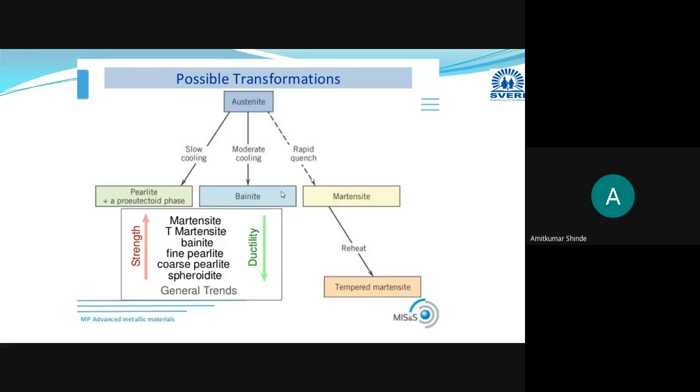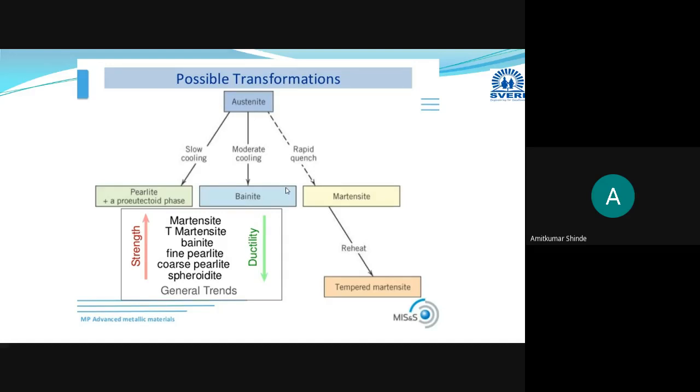In this way, we do the heat treatment process with the help of these transformation products. Depending on the cooling rates, you can select the different cooling rates to get the desired phases and change the properties according to our need. In this way, these transformation products are very helpful.